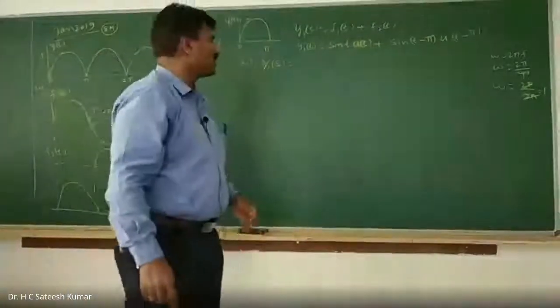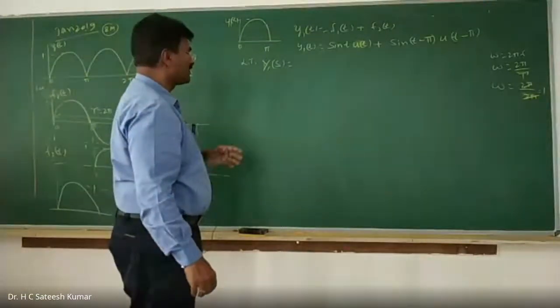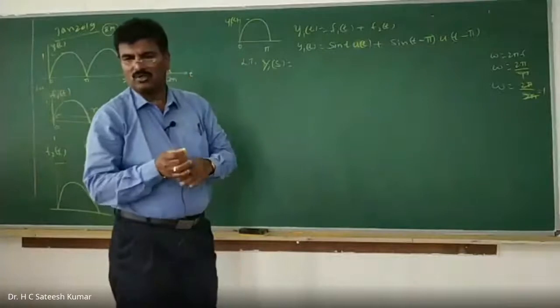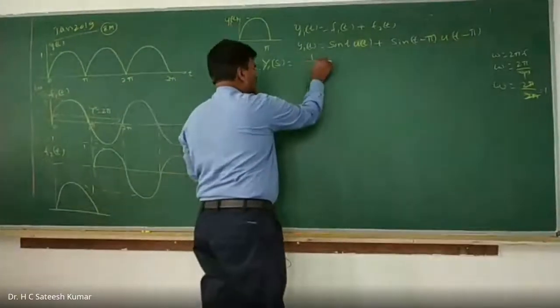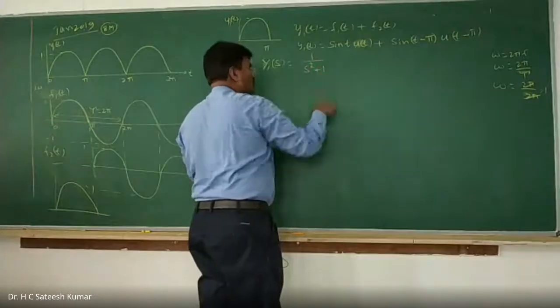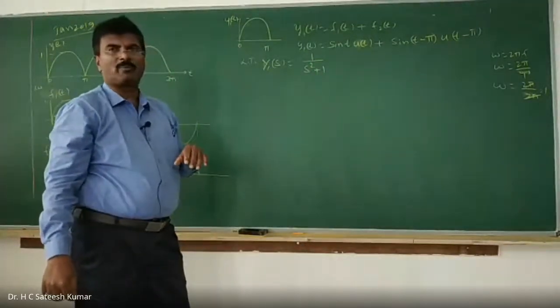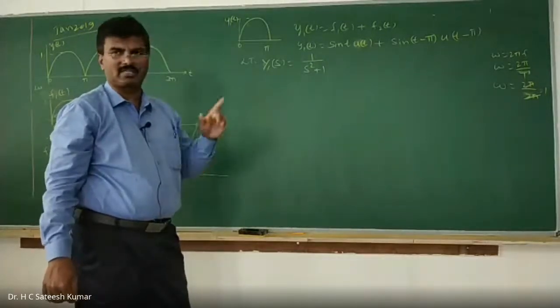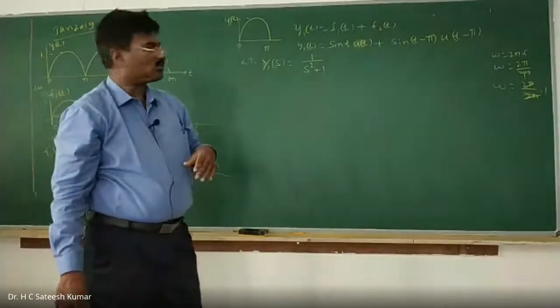So therefore, y1 of s is equal to the Laplace transformation of sin t into u of t, which is 1 by s square plus 1, since omega is 1. Laplace transformation of sin omega t, we did as a standard problem. Okay, right? Now, next, what is that we have?